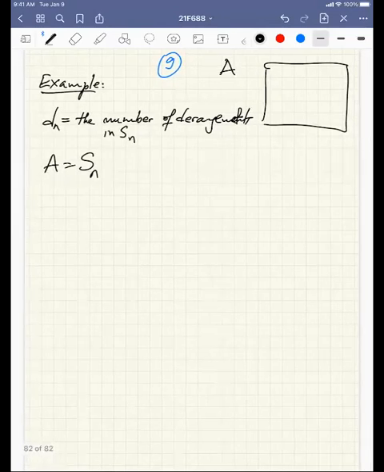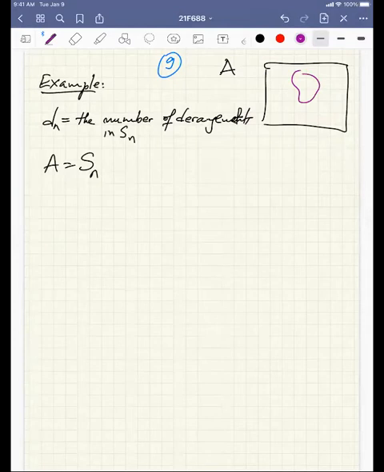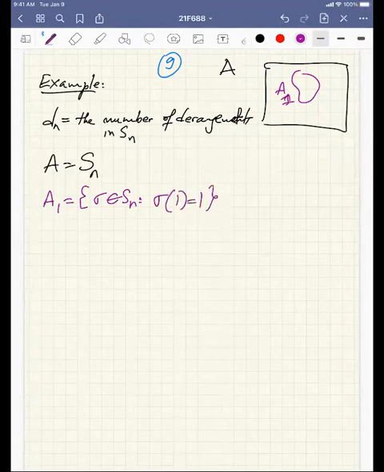Now here we're looking for these sets that we want to avoid. So what do we want to avoid? Well, A1, we could put, are all the permutations sigma in Sn that map sigma of 1 to 1. So you don't want that to happen.